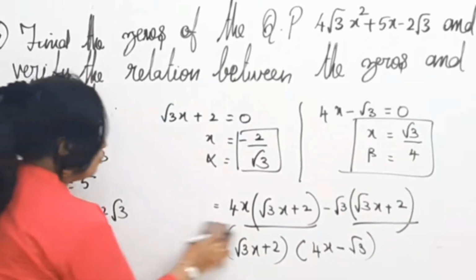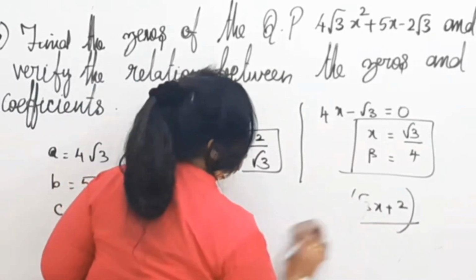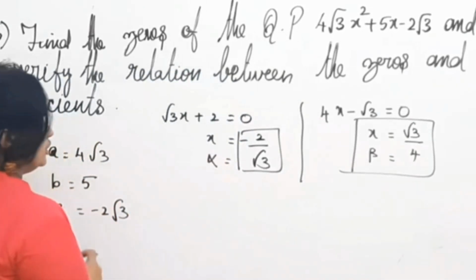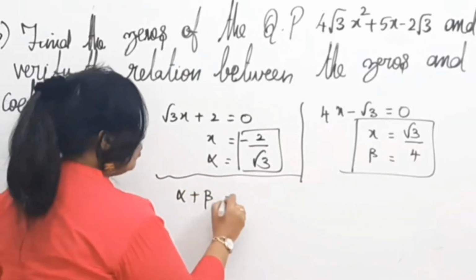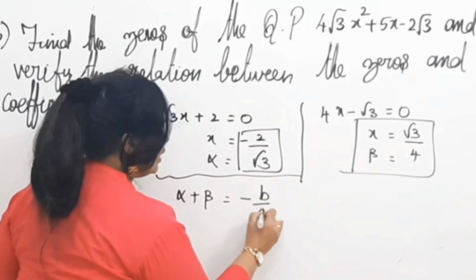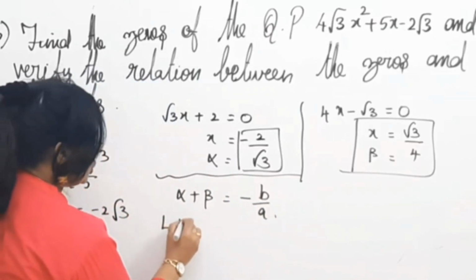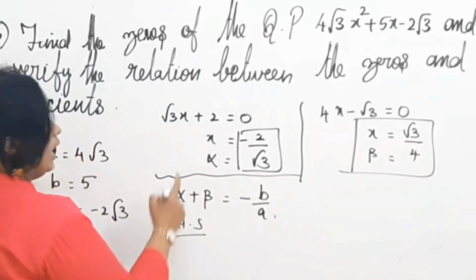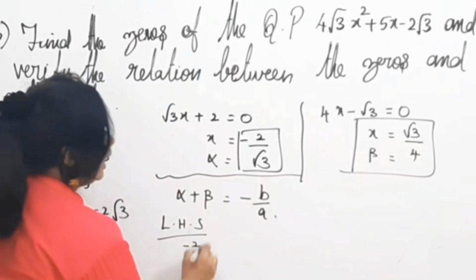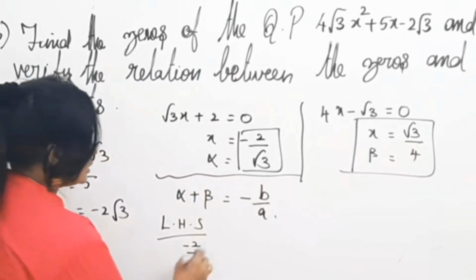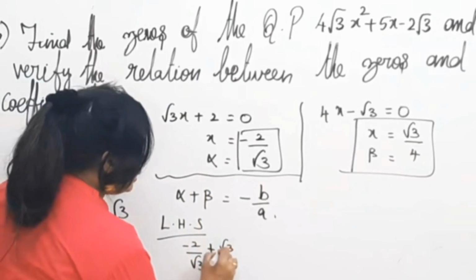Now I'm going to verify the relationship between them. The first relation is alpha plus beta is equal to minus b by a. So my LHS, I write alpha as minus 2 by root 3 and beta as plus root 3 by 4.